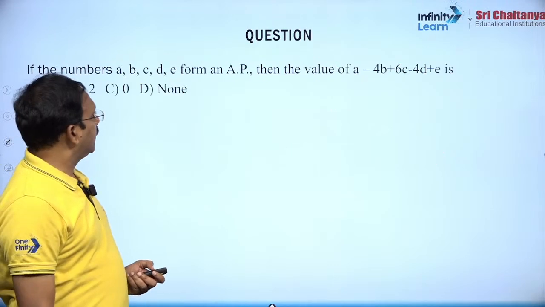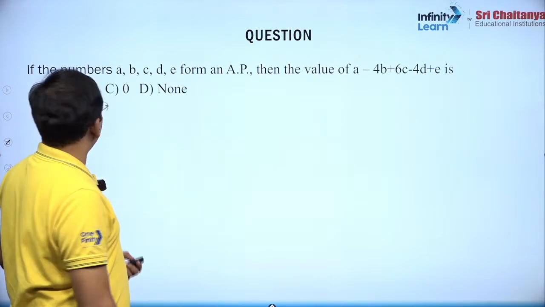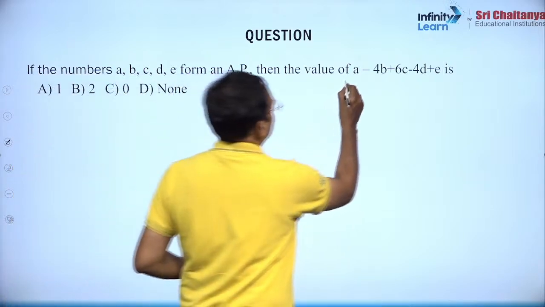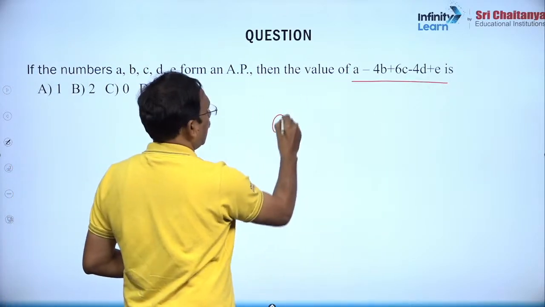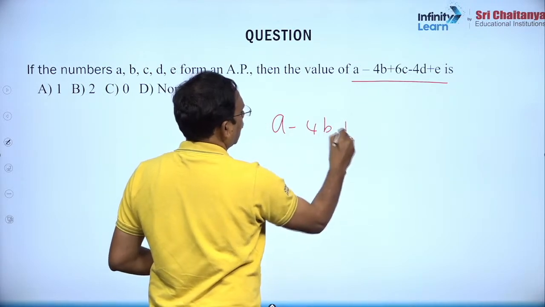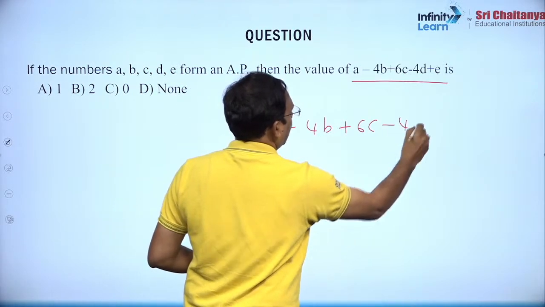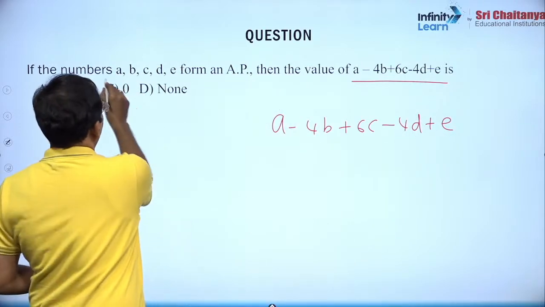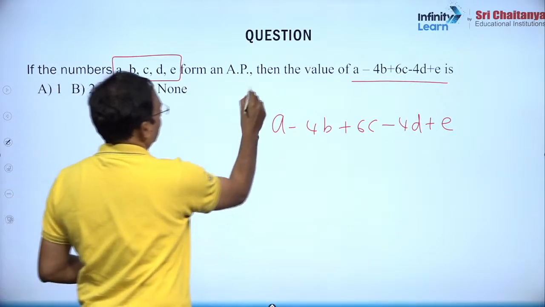Next, you see, if the numbers A, B, C, D, E form an AP, then what can you say about this expression: A minus 4B plus 6C minus 4D plus E? Given A, B, C, D, E form an AP.